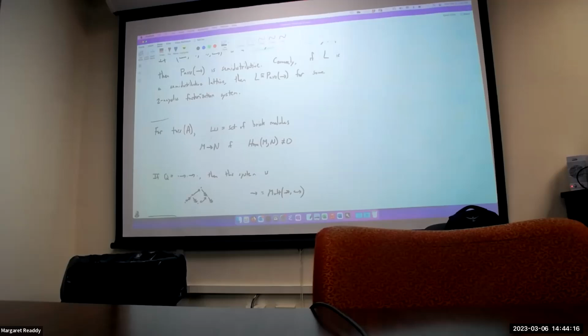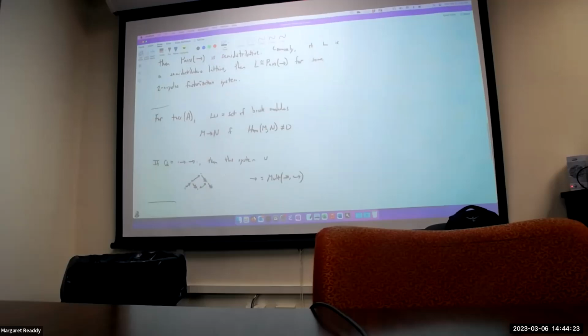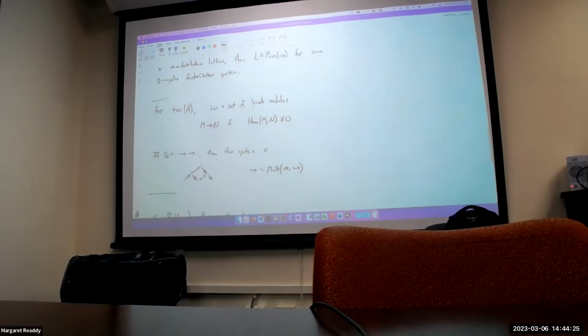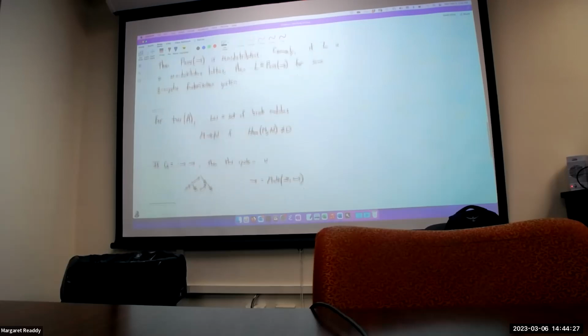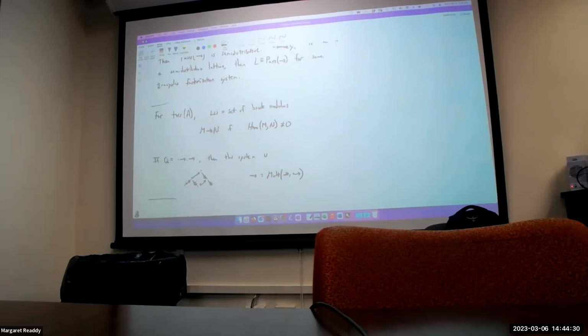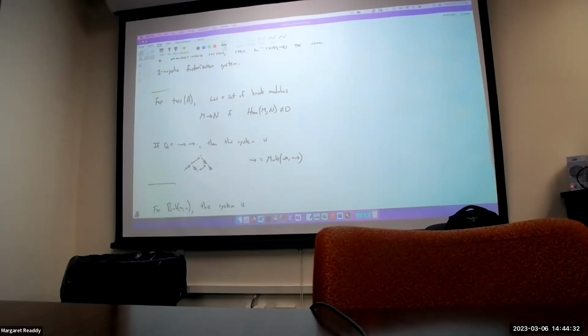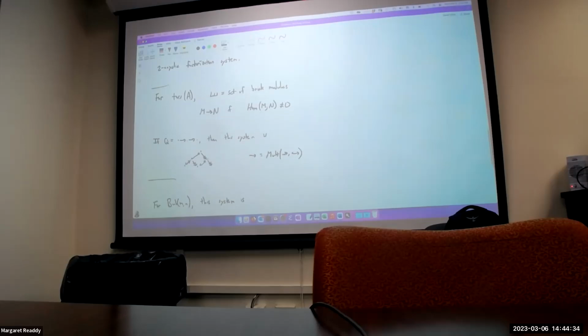So it's just saying, is there a non-zero homomorphism? And that's defining this arrow relation. Then they show that the 2-acyclic condition holds and the factorization system, whatever. Some other stuff, which is not the key point of the talk.